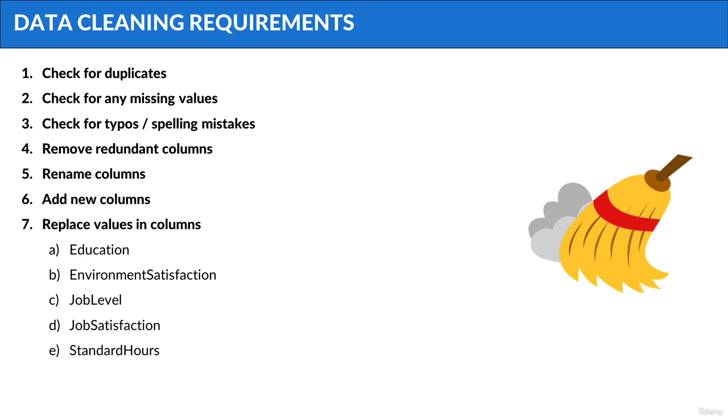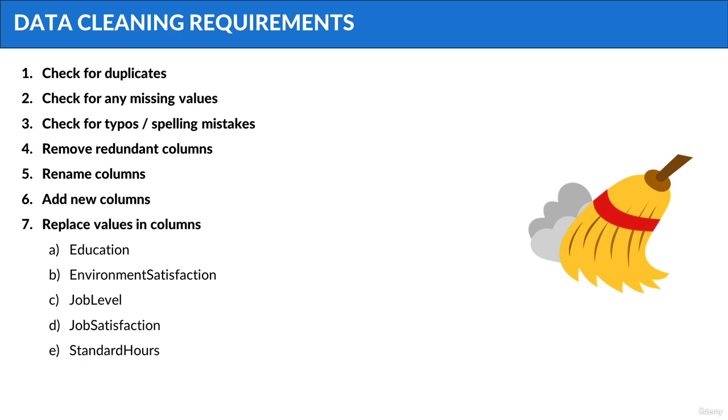Like in Excel, the first thing that we'll need to do is clean our data. And for this dataset, the steps that we took before were to check for any duplicates or missing values, as well as checking for any typos or spelling mistakes.